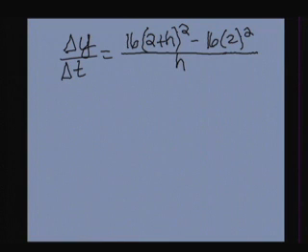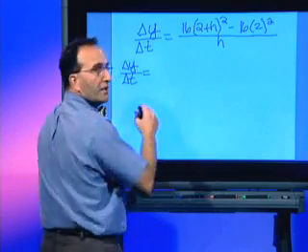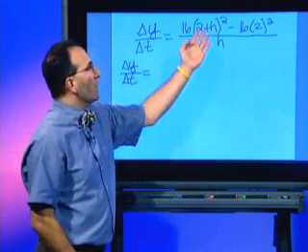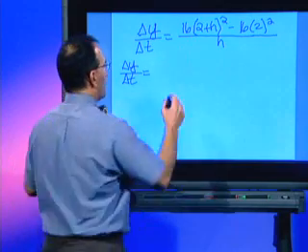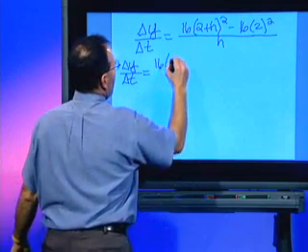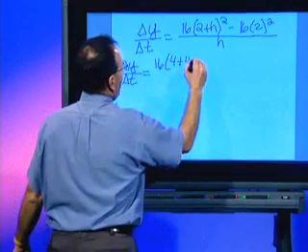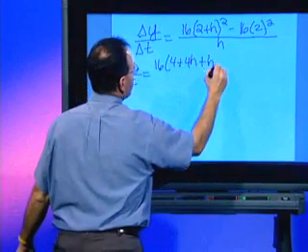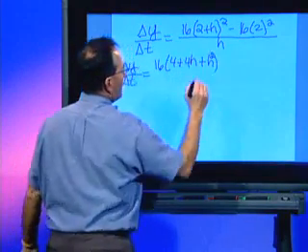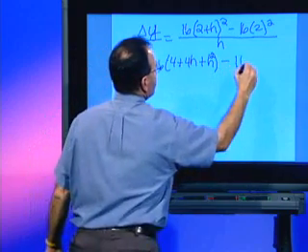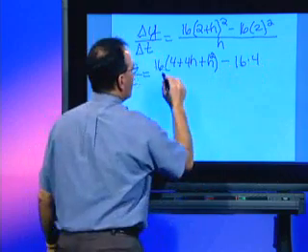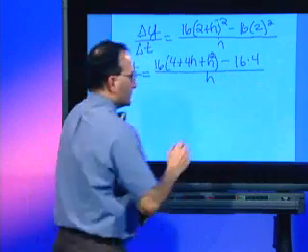And now what I want to do is expand this and simplify it out. So delta y over delta t is equal to, well, of course, this is a binomial squared, and so this would be 2 plus 4h plus h squared. So 4 plus 4h plus h squared minus 16 times 4 all over h.